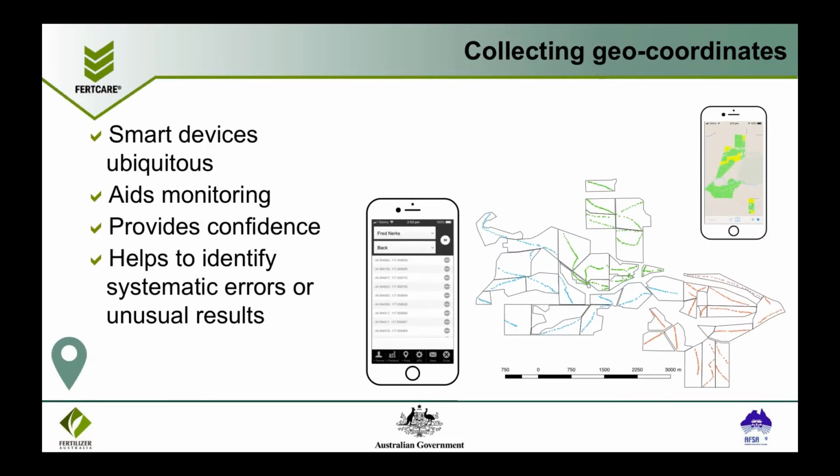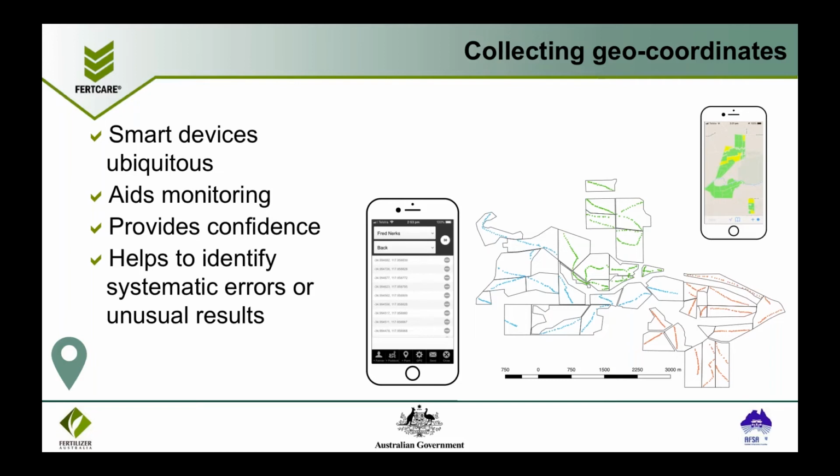Jeff mentioned that collecting geo-coordinates has become a really important part of the new Fertcare standards. With smart devices, pretty much all of us are out there now with a mobile phone or some sort of tablet, and it's relatively straightforward, either using off-the-shelf packages or roll-your-own packages, to collect geo-coordinates.